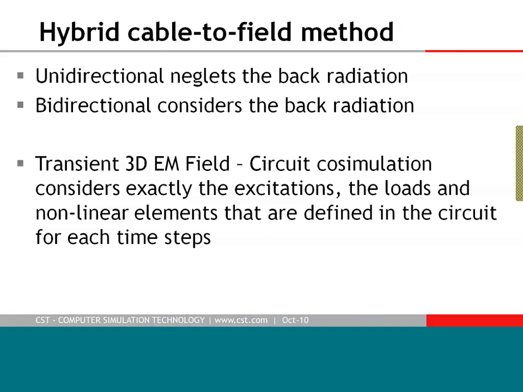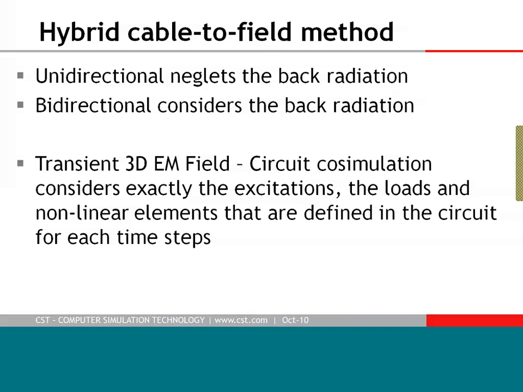If we have a back radiation from the cable, so the cable is the victim and it's somehow back radiating, you might need to go to the bidirectional. But if you have a lightning, it's really unlikely that a lightning strike has a back radiation coming from something. Especially a cable cannot disturb the lightning itself. That's why I choose as a method a unidirectional.